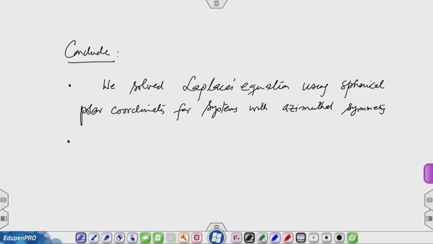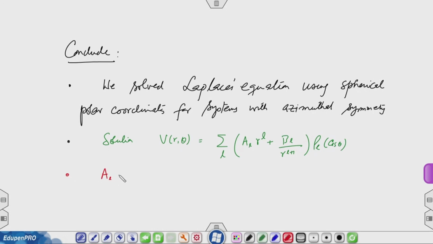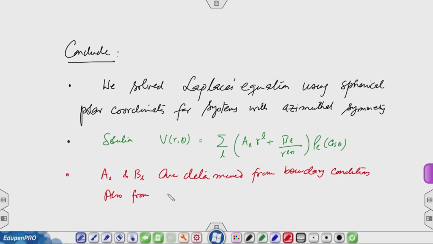And in this, what we found is that the solution can be written in terms of Legendre polynomials and powers of r as AL r raised to L plus BL over r raised to L plus 1, PL cosine theta, and ALs and BLs are determined from boundary conditions, and also from comparison with solution on the z-axis. Thank you.